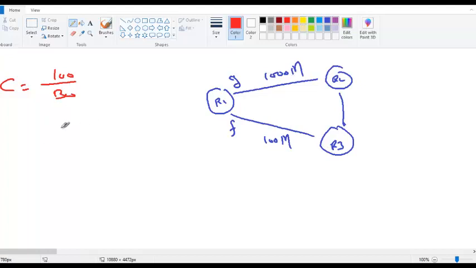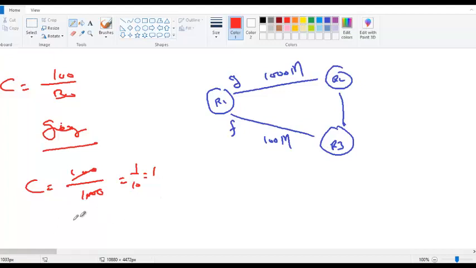Now for the Gig Ethernet, 100 by 1000 is going to be 1 only. It won't take any fraction numbers. Cost cannot be a fraction. 1 by 10 is equal to 1 only. It will round it to 1.